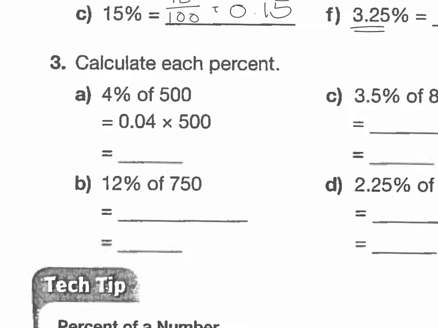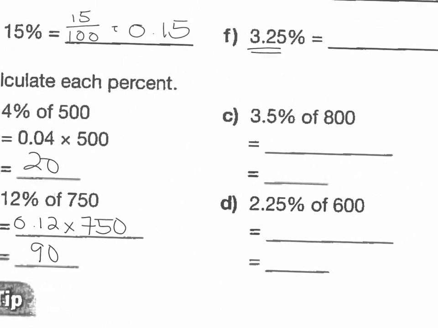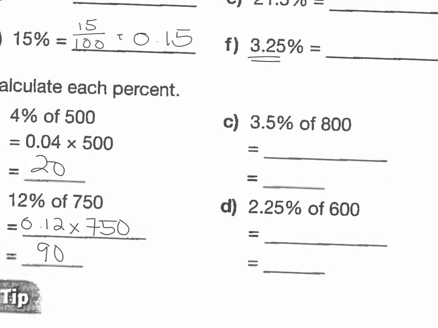So 0.04 on your calculator, if you type it in, 0.04 times 500, you should get 20. 12% of 500, well, that's like saying 0.12 times 750, will get you 90. All right, your turn. 3.5% of 800 and 2.25% of 600. So pause the video and try these next two.